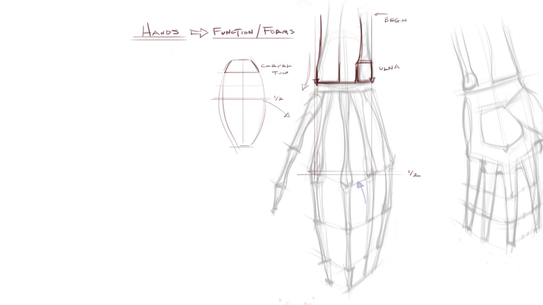And this is going to be that transitional area from the wrist into the palm. So that's 1/3. If I'm thinking of it here, that would be this area. Sometimes I'll just draw a little egg or an oval as a placeholder. I don't care that it's perfectly drawn.